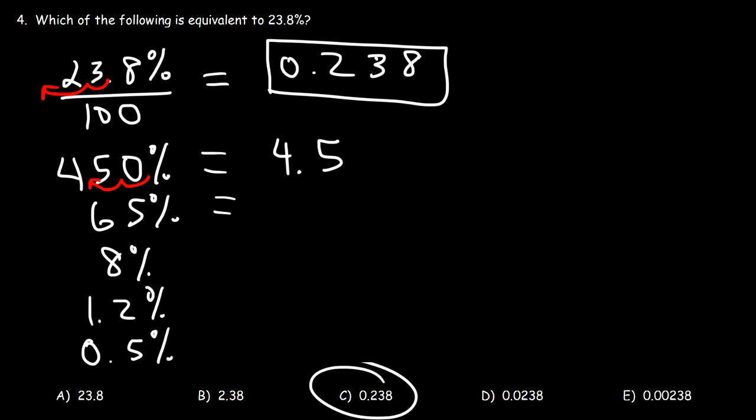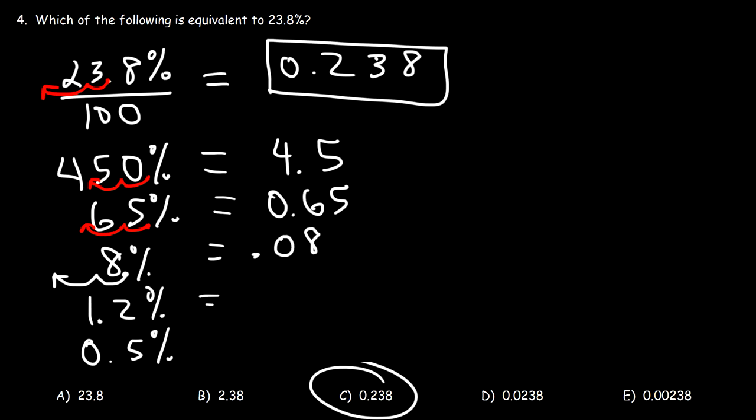Now 65 divided by 100, the decimal point is here, that's going to equal 0.65. Now 8 divided by 100, I need to add a 0 here. Here's the new decimal point, so that's going to be 0.08.